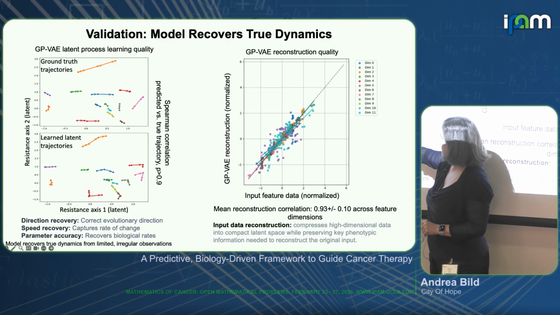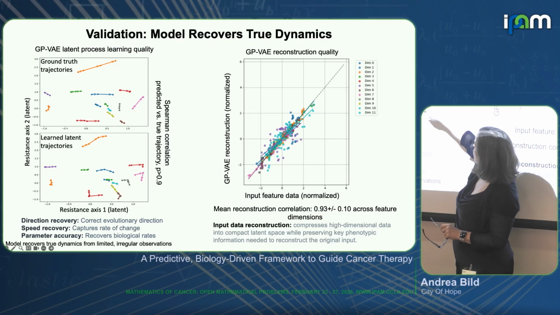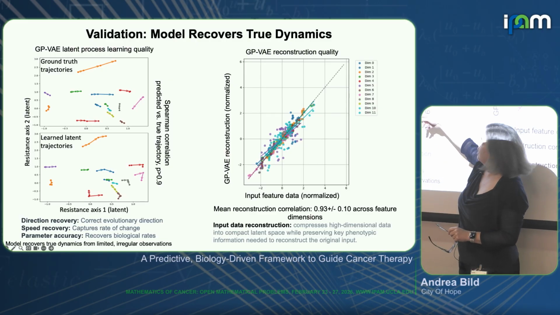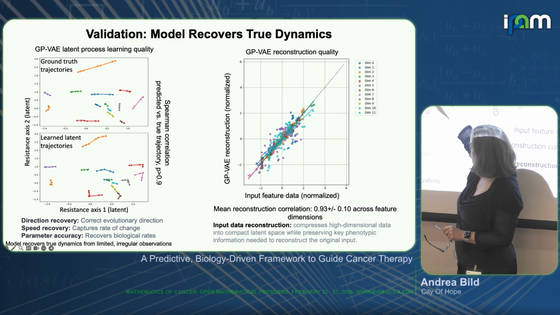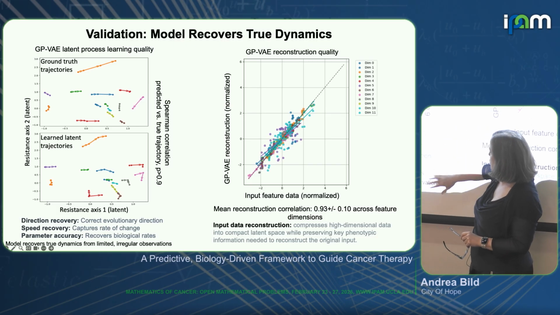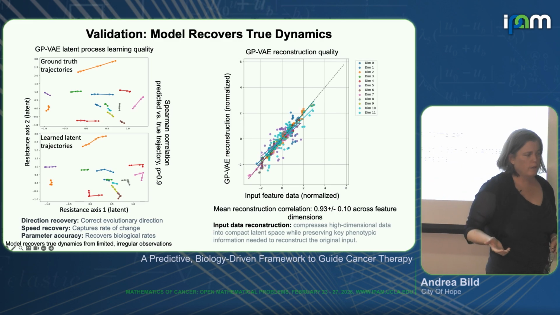Shown here is just axes 1 and 2. You can see that there's a pretty good mapping, so this gets to your question, of the patients from the learned latent trajectories compared to the ground truth. So we felt good that the directionality, the speed of recovery, and the parameter accuracy were pretty good here. So we moved forward to the actual data.